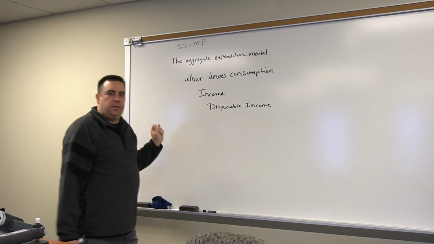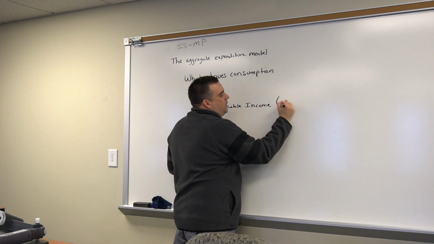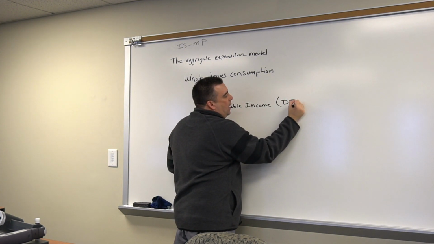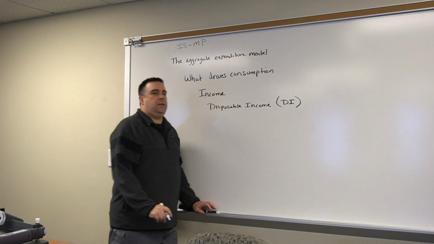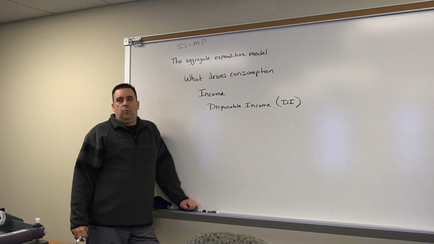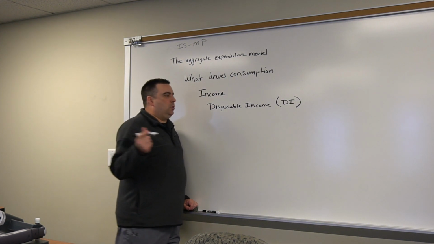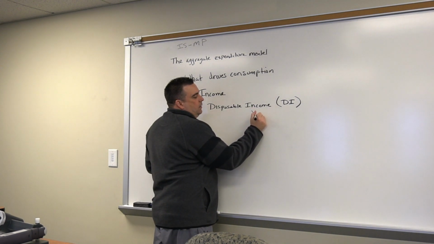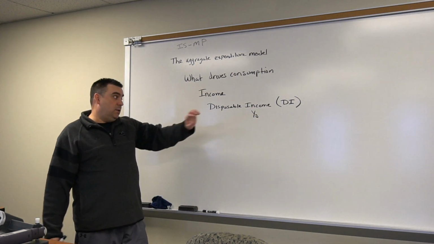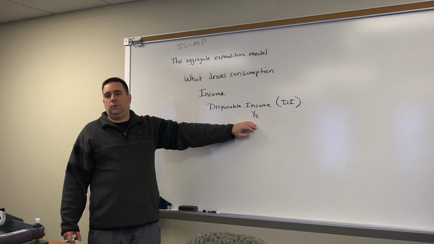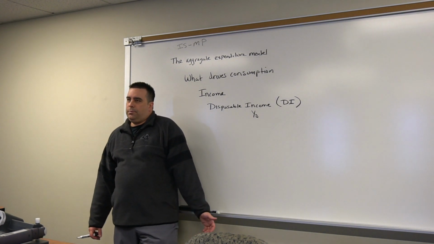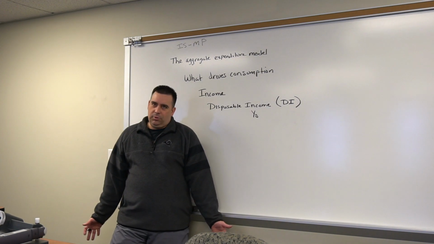Just a little quick note. I use the variable DI to stand for disposable income, which is different than the textbook. The textbook uses YD. The reason I use a different variable is not just to confuse you with the textbook; if you go through the textbook, how many Y variables are there?